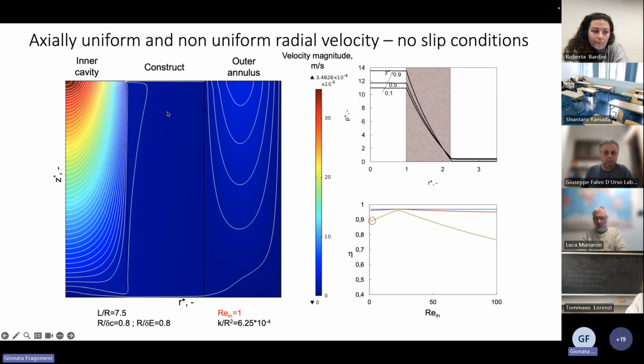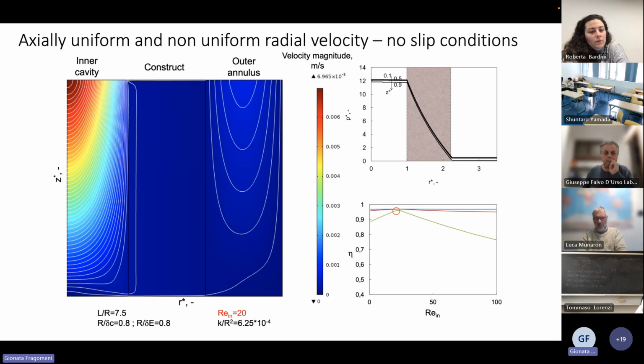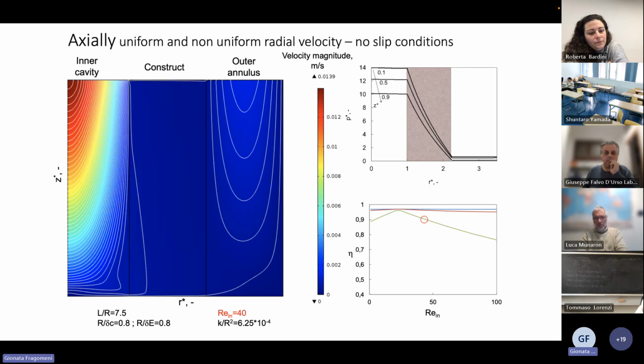This is the scaffold, this is the inner cavity, and this is the outer cavity, the outer channels, and we have the results for different Reynolds numbers. This is the small Reynolds number, this is the medium, and this is the maximum Reynolds number.